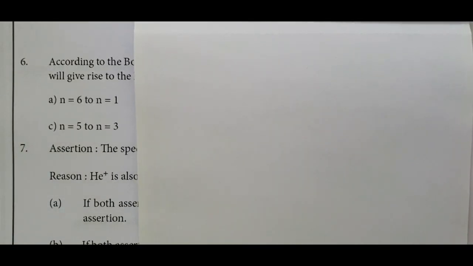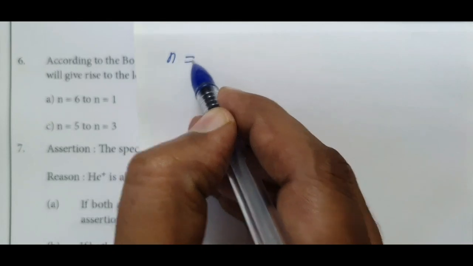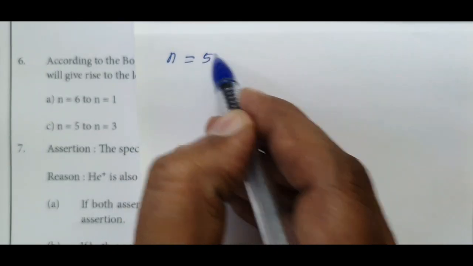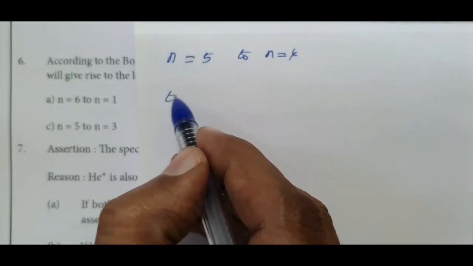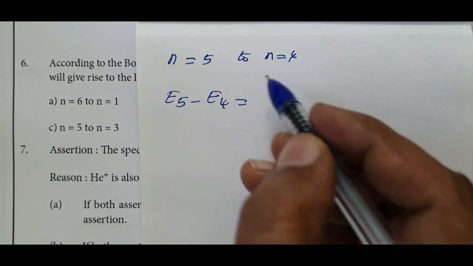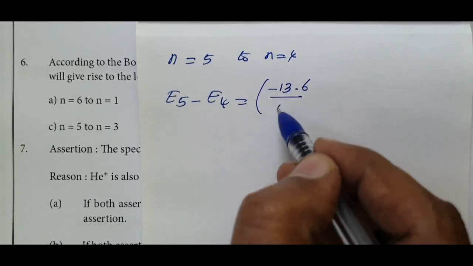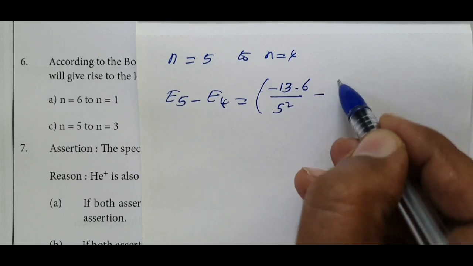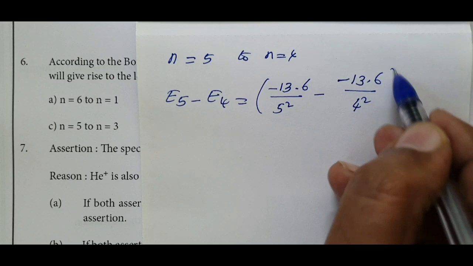Come to another transition, n equal to 5 to n equal to 4. E5 minus E4 equal to, directly write the formula, minus 13.6 divided by 5 squared, 25, minus minus 13.6 divided by 4 squared, 16.